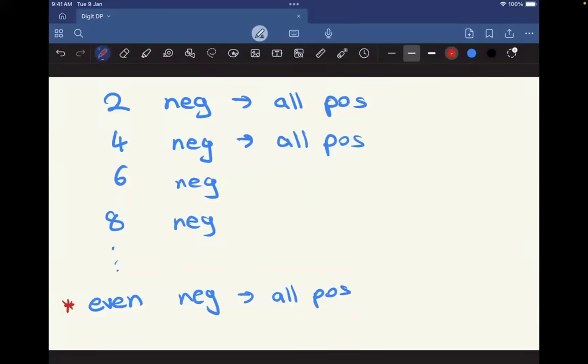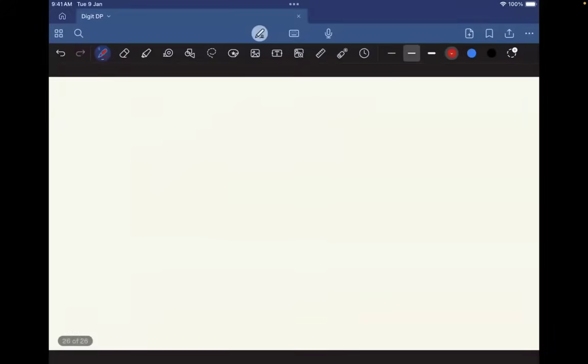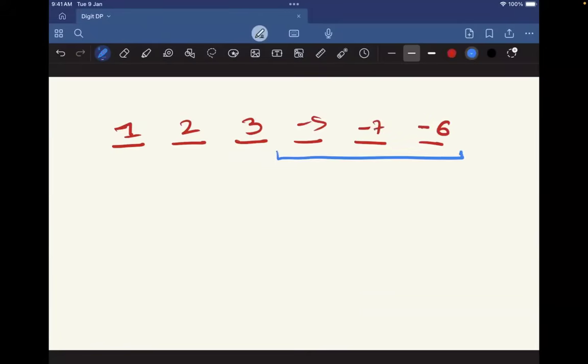Right? Now, guys, the only change is that, let's say my array is something like this. Consider my array is 1, 2, 3, -3, -5, -7, and -6. We need to solve the case when there are an odd number of negative numbers.